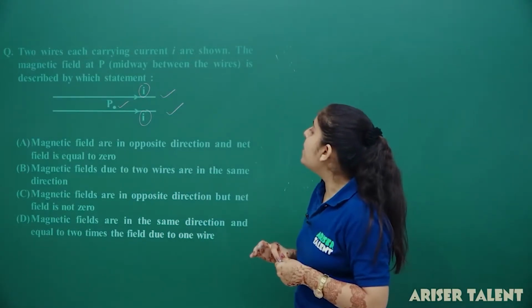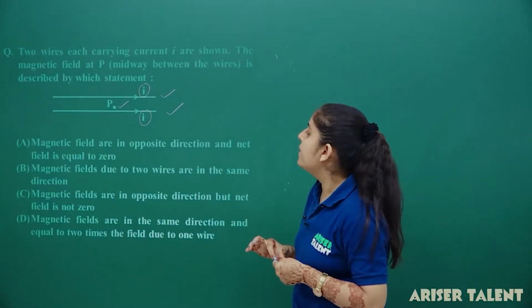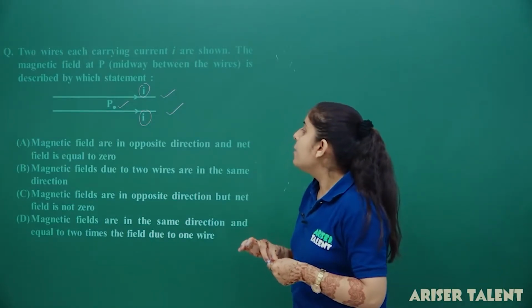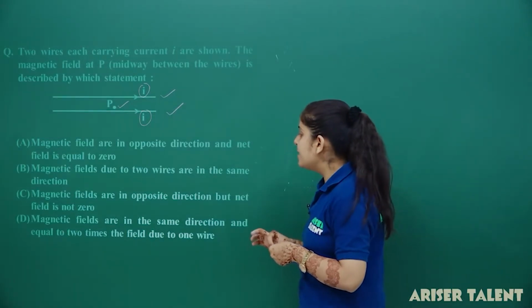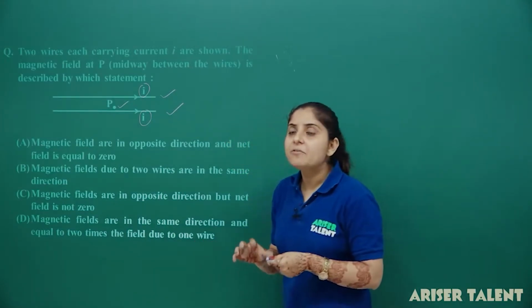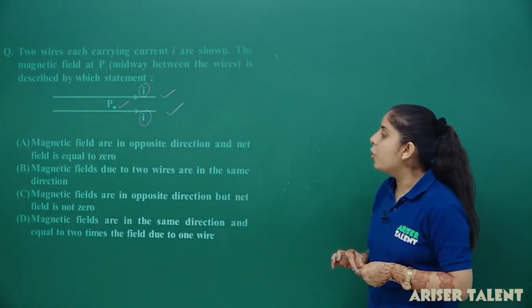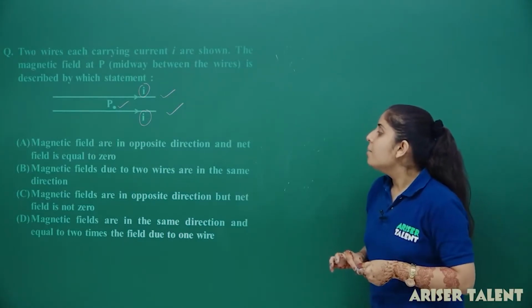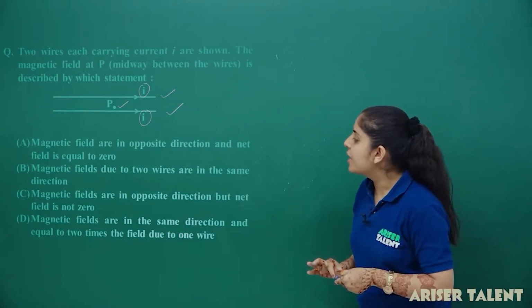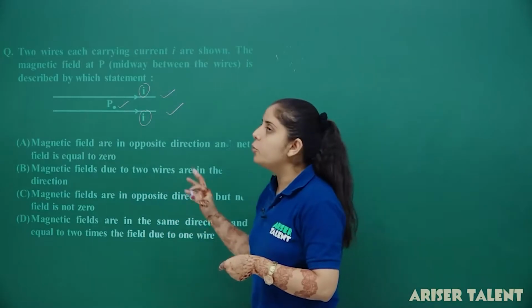The options: the magnetic fields are in opposite direction and the net field is equal to 0; the magnetic fields due to the two wires are in the same direction; the magnetic fields are in opposite direction but the net is not equal to 0; the magnetic fields are in the same direction and equal to 2 times the field due to one wire.